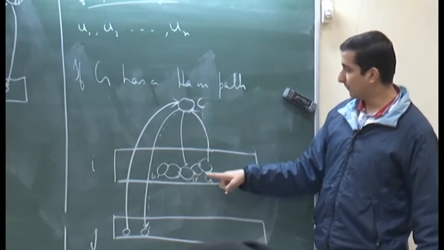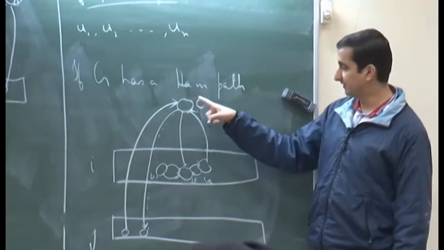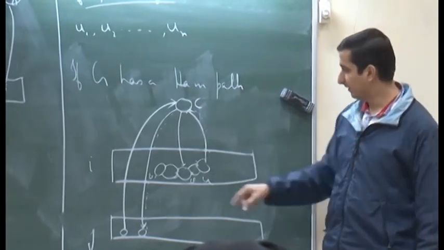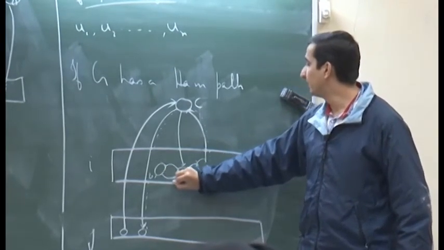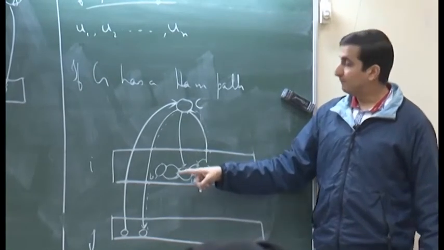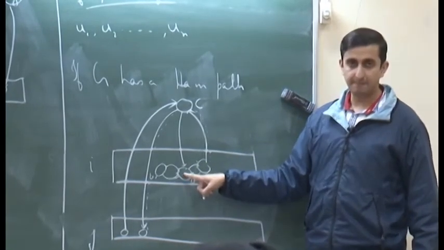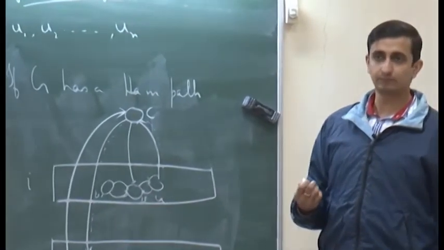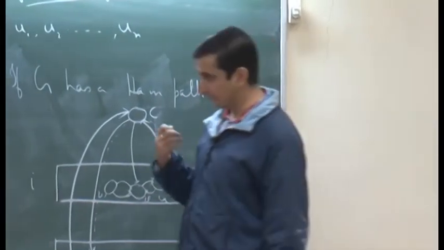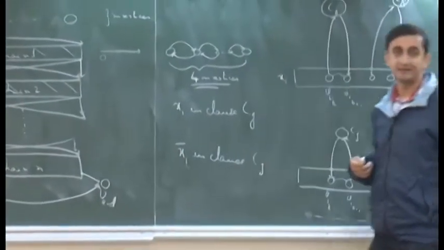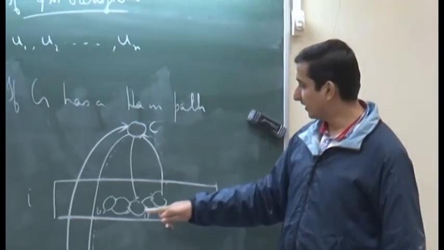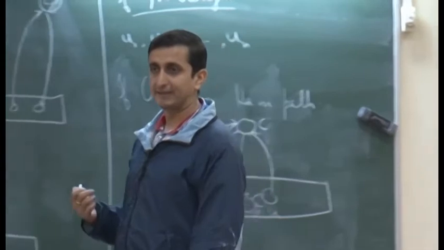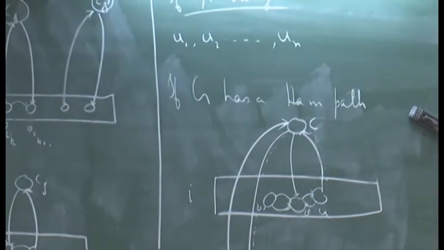Note that it cannot come to V from U, because U is already visited somewhere prior. The only way it can come to V is from V prime. But if it comes to V from V prime, then it has nowhere else to go. In particular, it cannot reach, let us say, V end, because all the vertices that are connected to V have already been visited by that Hamiltonian path. So, it gets stuck. Therefore, it always must climb back down to the same level.